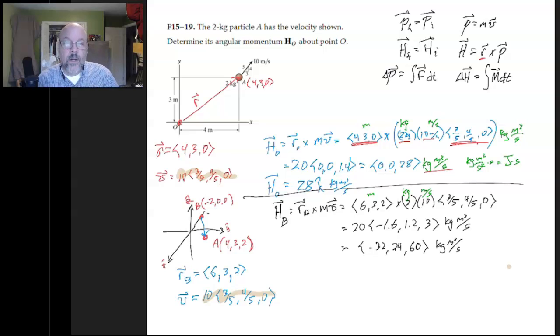That's one place that the linear momentum and the angular momentum are very different, because the linear momentum does not depend on where you are, until you're talking about something going fast enough to have to be treated as a relativistic particle. But even then, it doesn't matter where you are. With H, it matters where you are. That provides challenges and opportunities, and we'll see some of those as we move along.